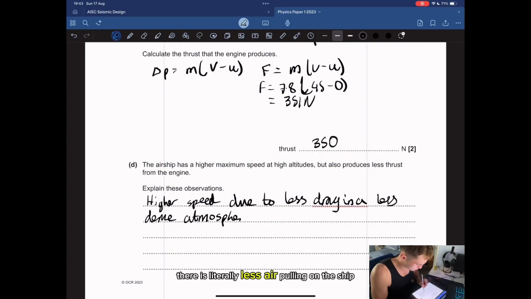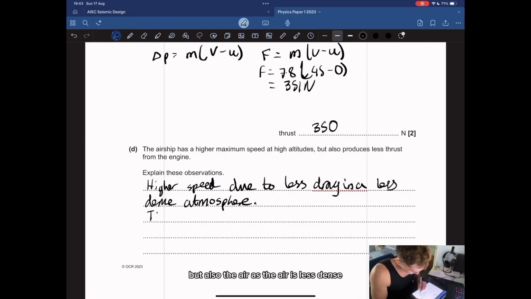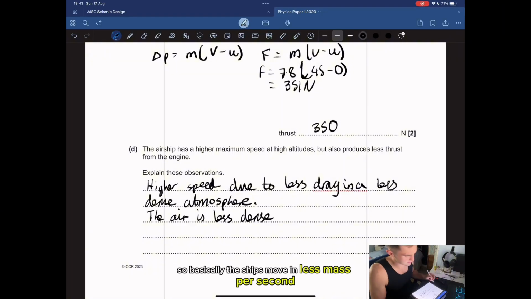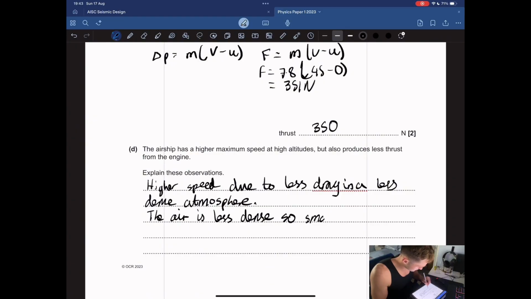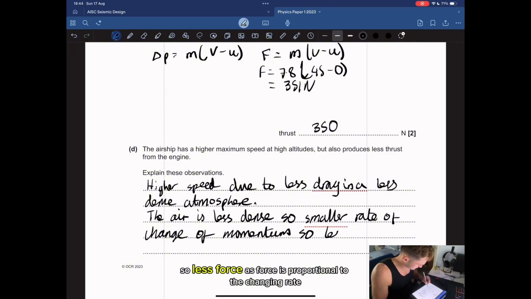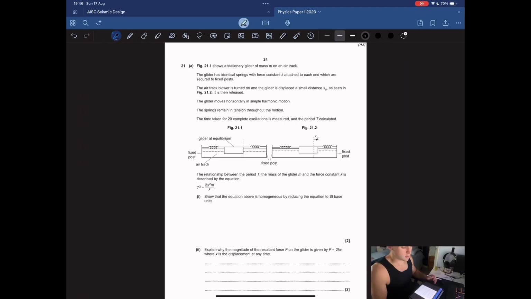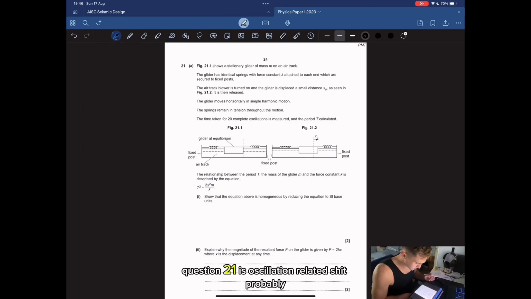There is literally less air pulling on the ship, but also, as the air is less dense, the ship is moving less mass per second, so there's a smaller rate of change of momentum. And due to Newton's third law, so less force, as force is proportional to the rate of change of momentum. Done.